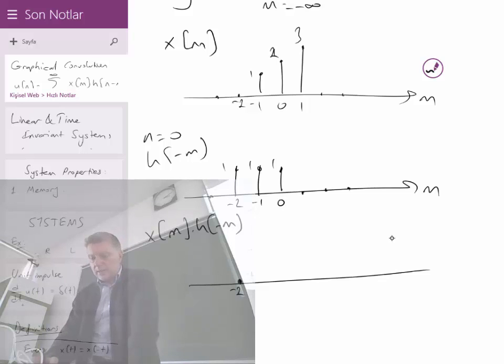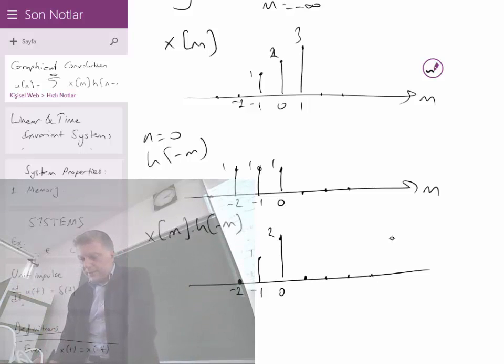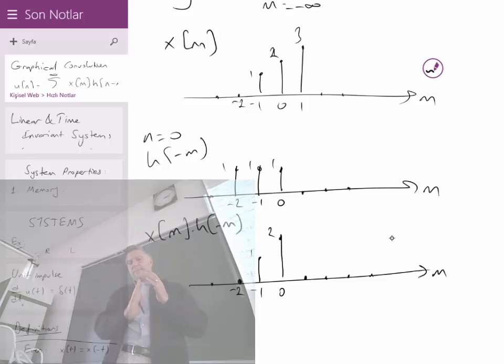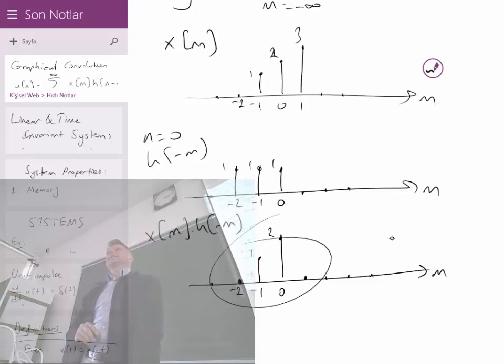Their multiplication is 1. At 0, this has a value of 2. This has a value of 1. And their multiplication is 2. At 1, this is a value of 3. The other one is a value of 0. So it's 0, and all the others are already zeros. So to the right and to the left, this multiplication of these two signals, sample by sample multiplication, will give you this combined result.